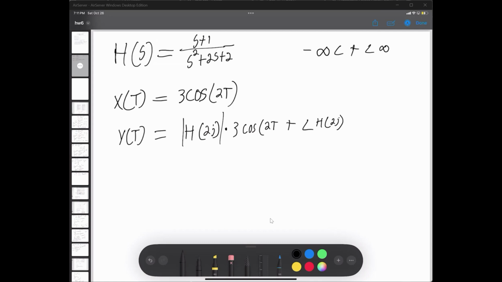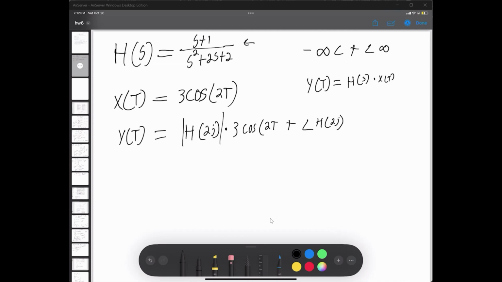Alright. So, since we are computing the input into this transfer function up top, how do we do this? The basic form is y of t is equal to h of s times x of t. So what do we need to do?